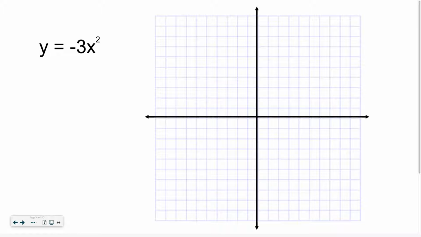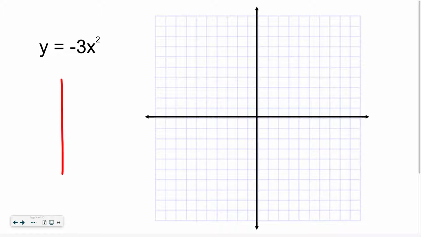How do I know it's going to go down? Because the 3 is a negative. Good. Is it going to be really wide or is it going to be a little skinnier? Really fat or skinnier? Well, let's graph it and let's find out.